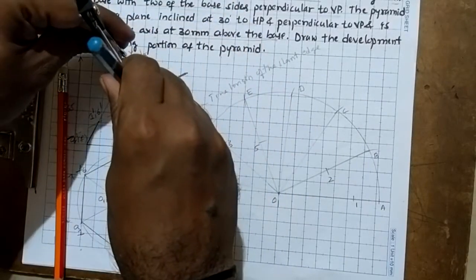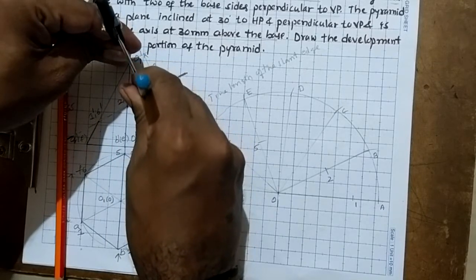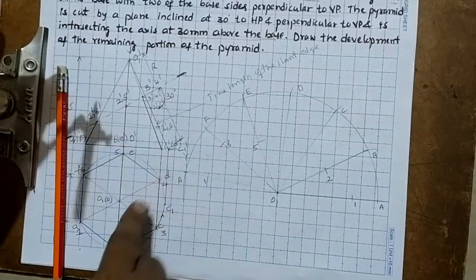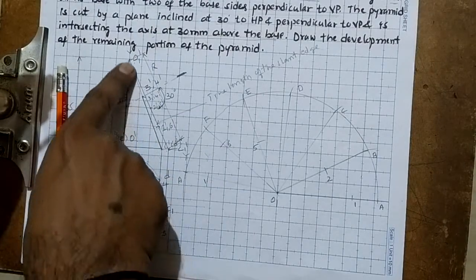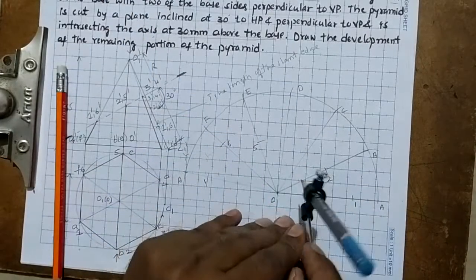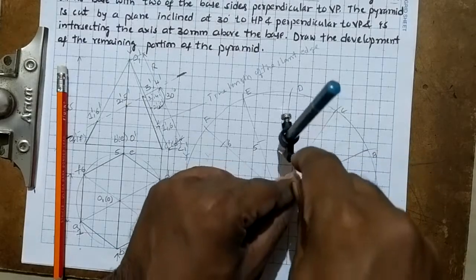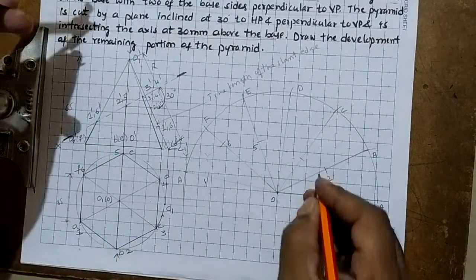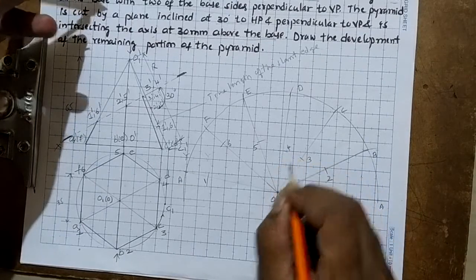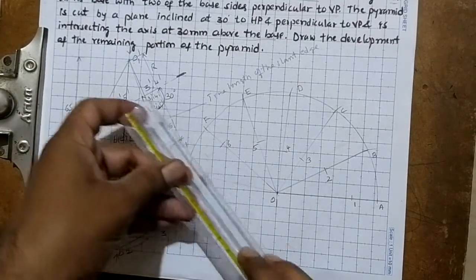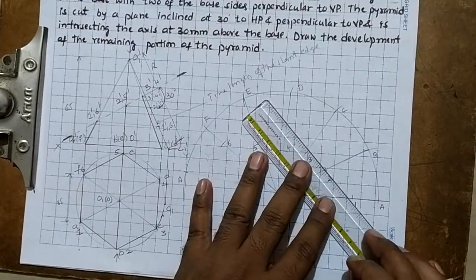Measure the distance for 3 and 4 here. 3 on O1C and 4 on O1D. Okay, this is 3 and 4. Join all the section points by straight lines and also with dark lines.